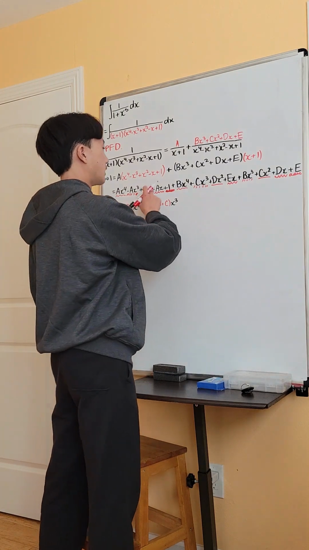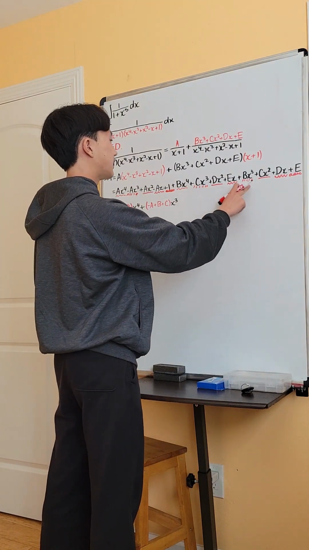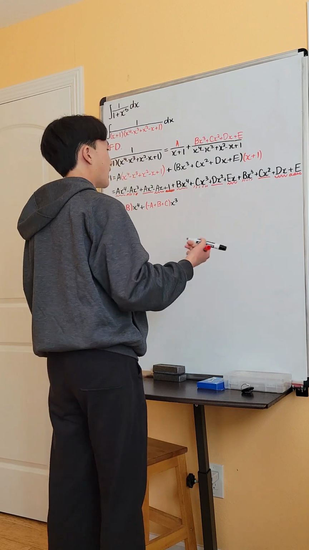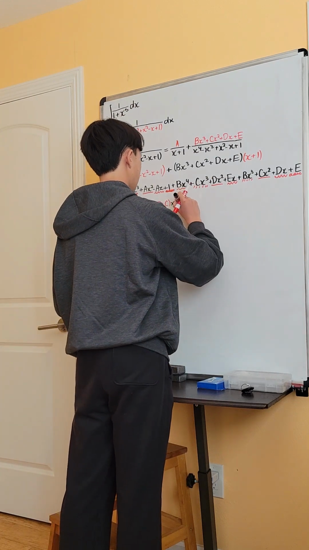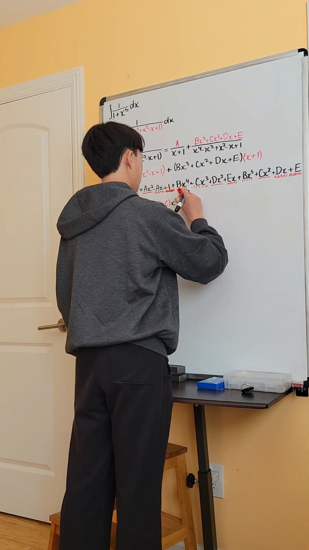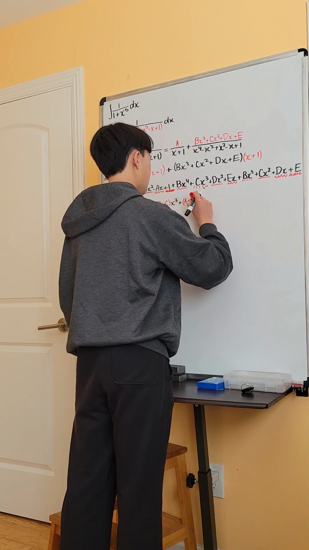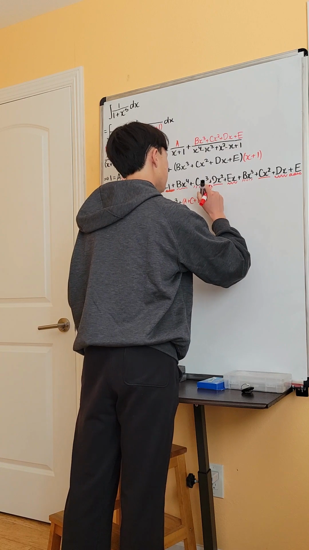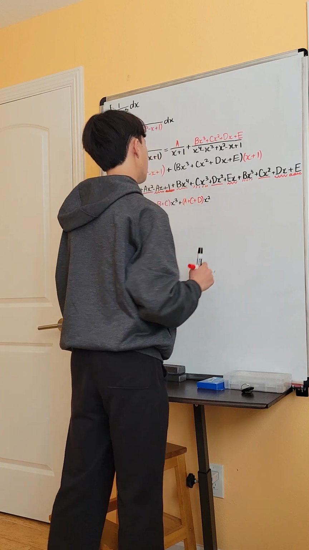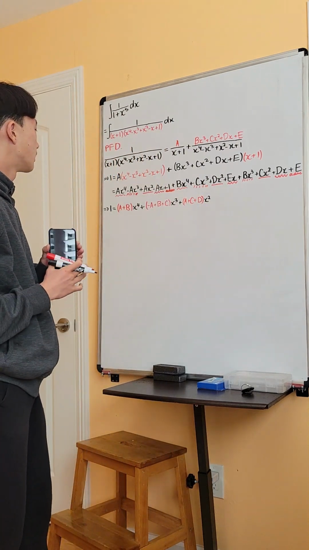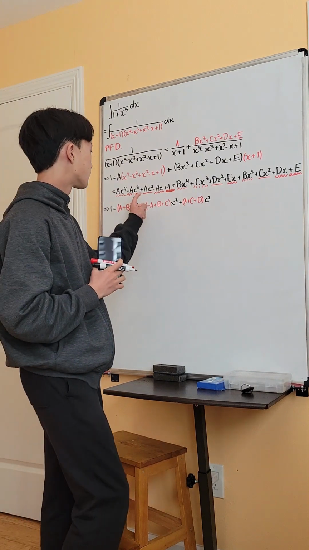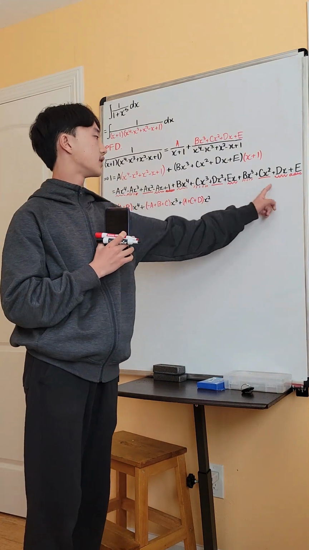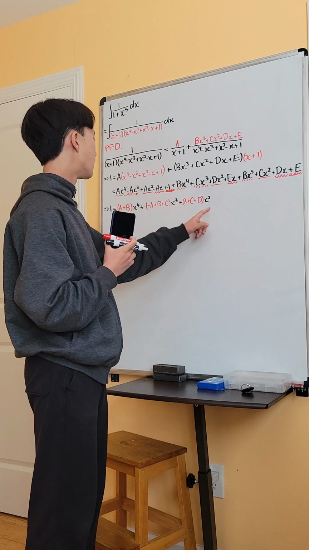Next up, we have the second degree terms. We have a, we have a d, and we have a c. So we'll write this as a c d. So you got plus a plus c plus d times x squared. And then we have our linear terms.